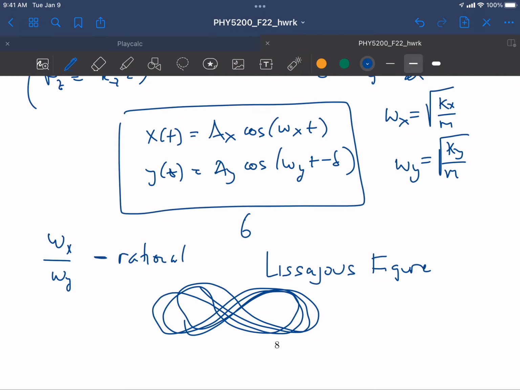But if omega x divided by omega y is irrational, the motion of r, the actual location of the mass, will never repeat. And I'll talk about that in class.